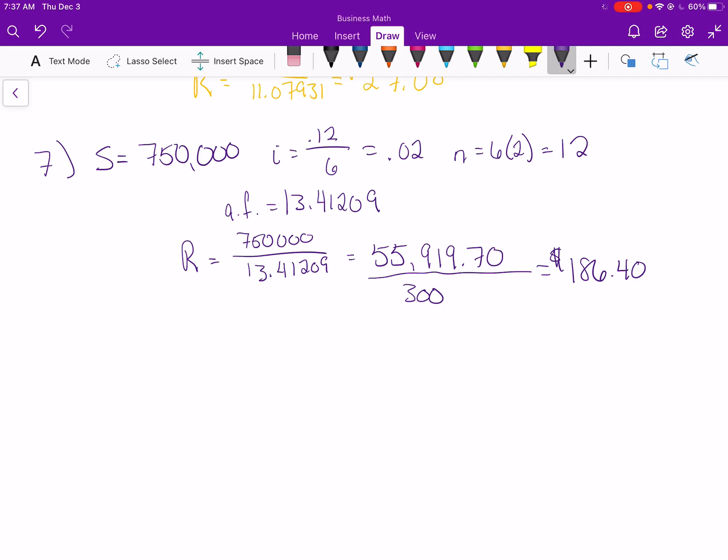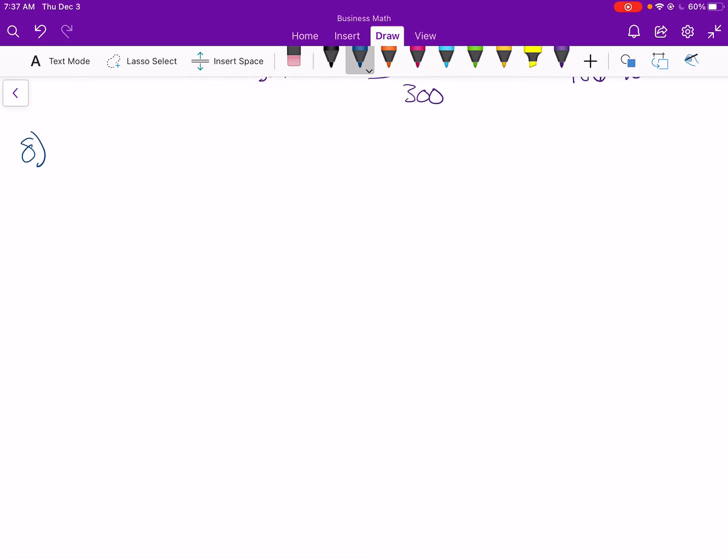And last but not least, number 8. So a home computer was purchased for $100 down and $50 a month for 24 months. If the interest rate is 15%, what is the actual price of the computer? And then what's the finance charge? So let's start by finding the actual price of the computer.